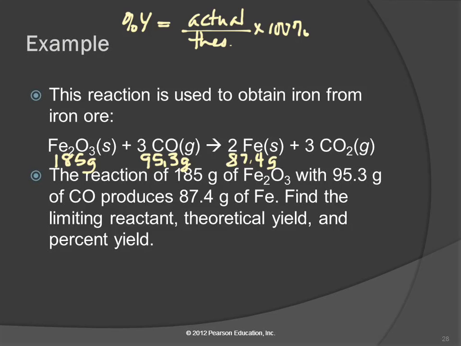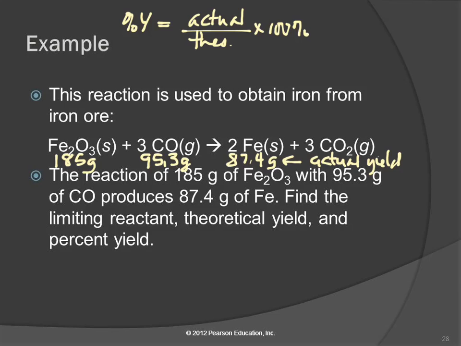This guy right here, that's the actual yield. You might look at this at first and say, well, why do we need to calculate the theoretical yield? They told me how much iron was made. That's how much was actually made. That's the actual yield. We need to calculate the theoretical yield.